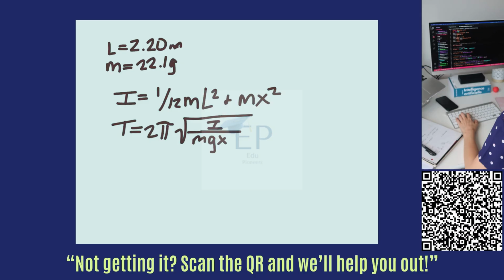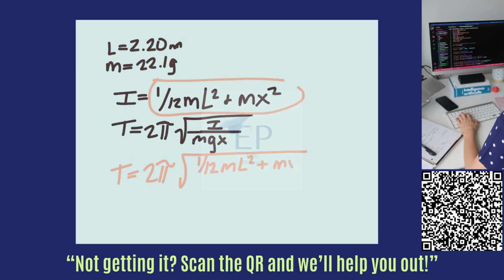So now we can go ahead and substitute in this term for our I. So we end up with T equals 2 pi times the square root of 1/12 mL squared plus mx squared divided by mgx.